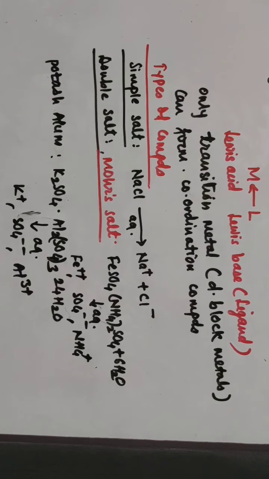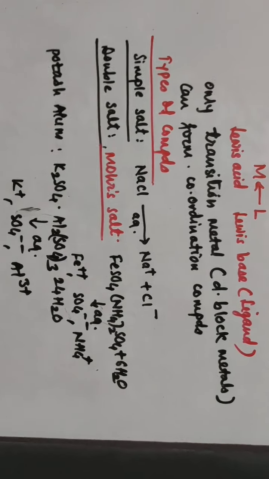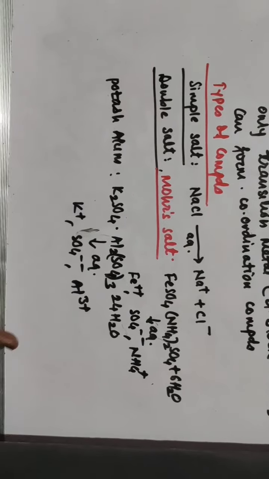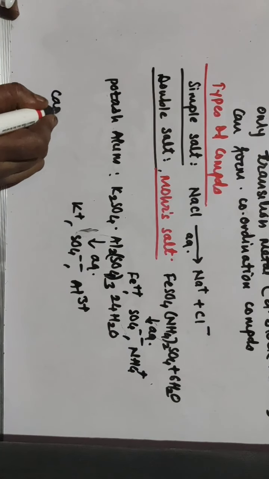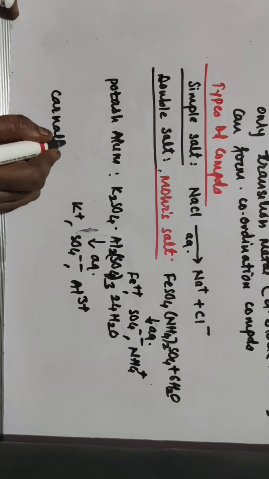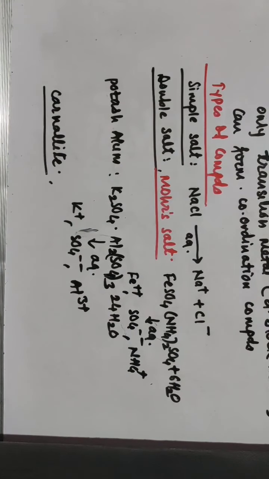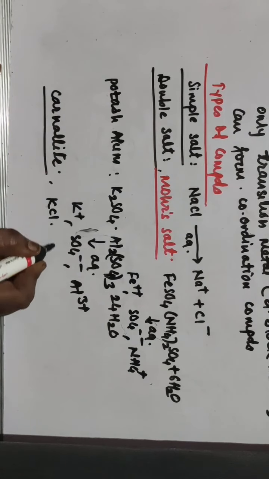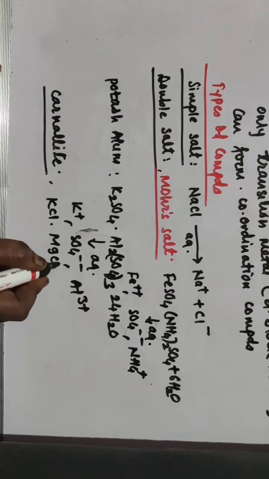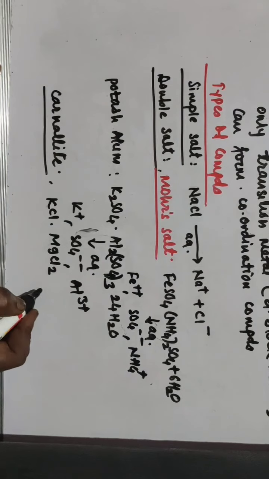We'll take one more example of double salt, and that is carnallite. What is the formula of this salt? It is KCl, then MgCl2 and 6 H2O.